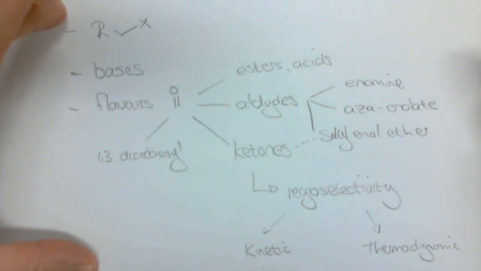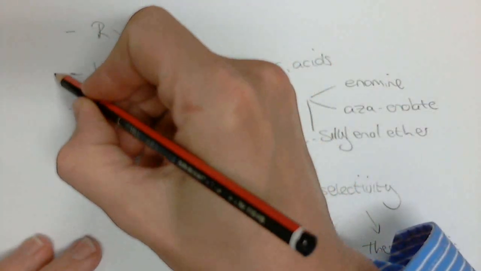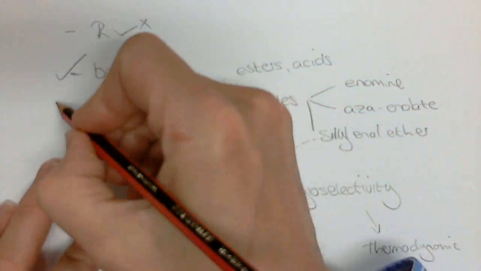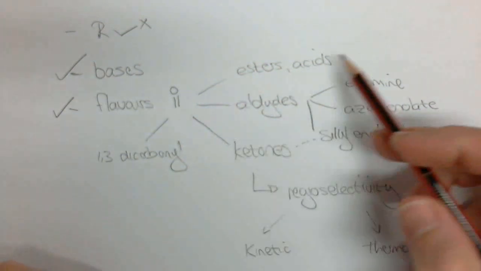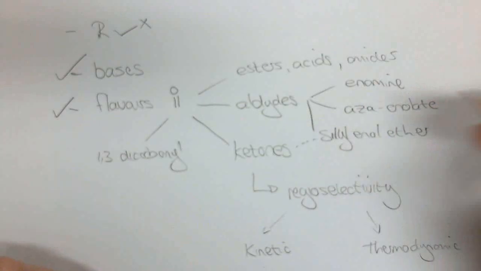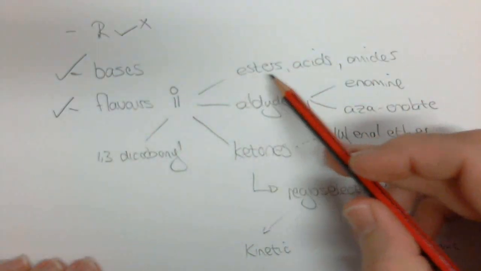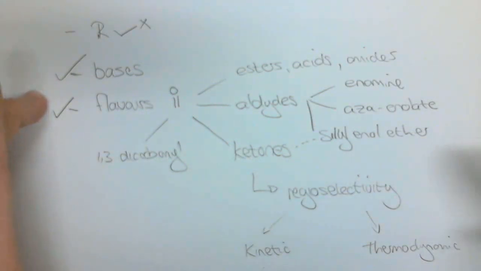But where we're going from here, for all intents and purposes, you're not going to see anything different now. We have totally covered all the bases. We have totally covered the different flavors of the carbonyl compounds. Maybe amide isn't mentioned here, but we can stick it there, but you don't often use amides in this chemistry, and if they do come up, their reactivity is the same as if you have an ester or acid there. It's nothing odd with that. So we've covered a lot there.